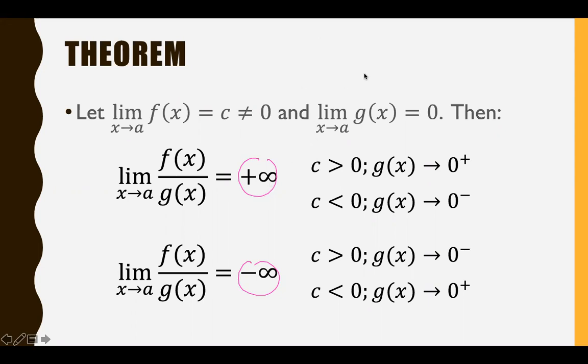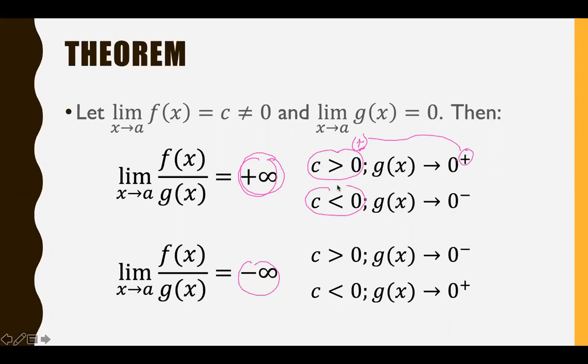So this is just how I see it. If c is greater than 0, understandably the values of our c are positive, right? So if it's positive and it is approaching from the right, positive, then technically, guys, positive and positive, it's positive infinity.